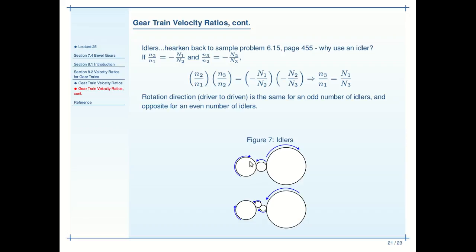We might put an idler in place because we need to move from a shaft at the center of our input gear a little further than we otherwise would in order to get to where we want our output. We may even use multiple idlers so that we can maintain that change in direction of rotation. These are all concepts that are going to be important for us as we look at gear trains.